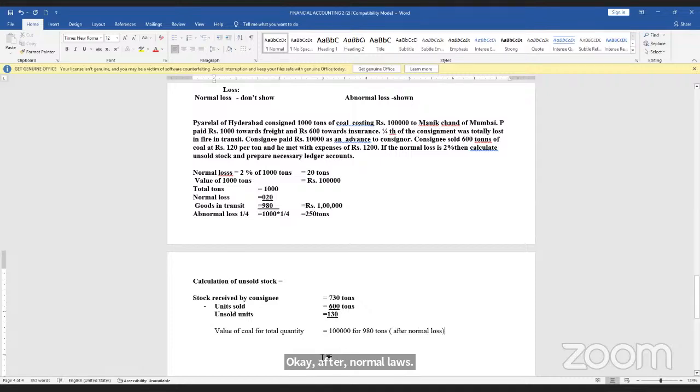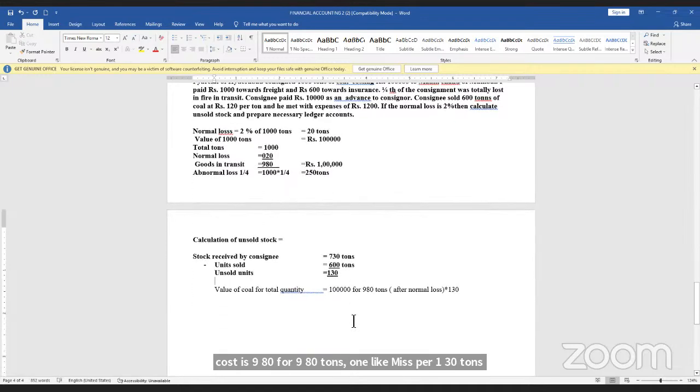Now, what is this value? Tell me, 1 lakh value of coal into 130 units. I'll tell you once again. See, the total quantity is 980 tons.